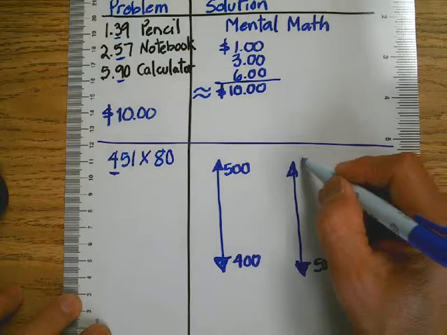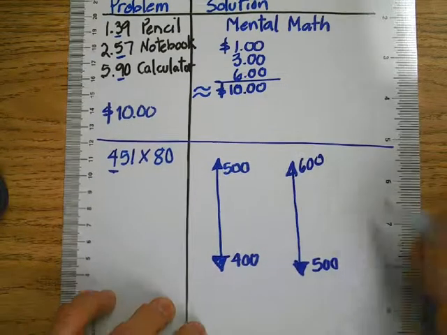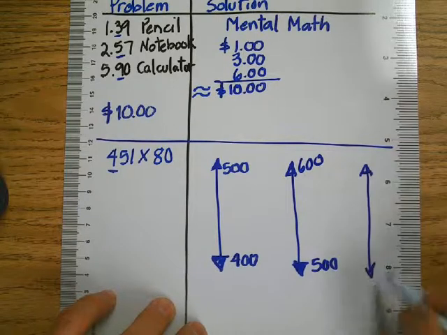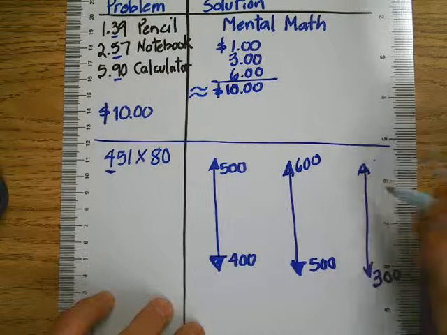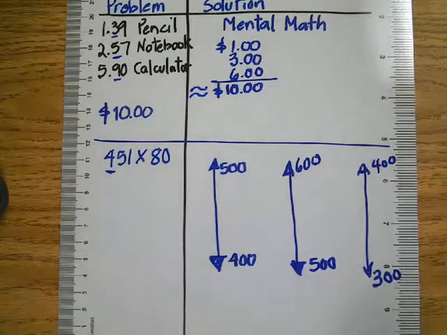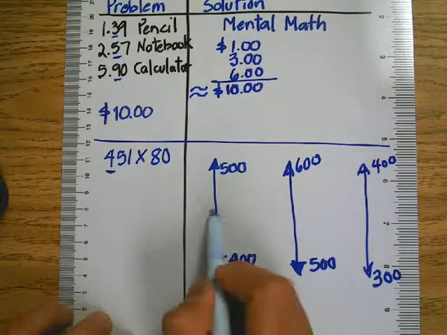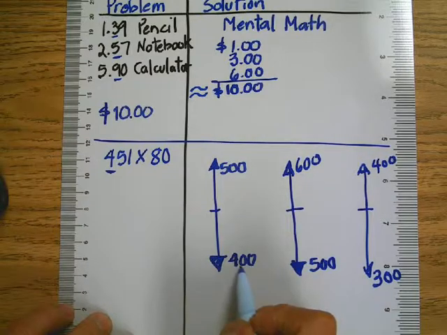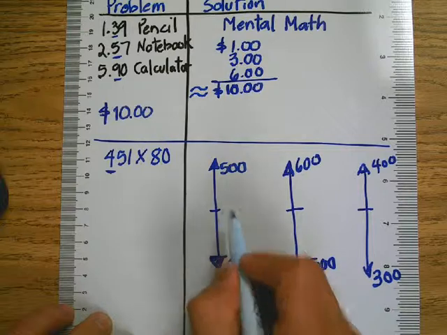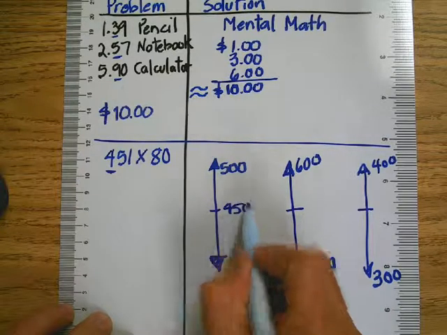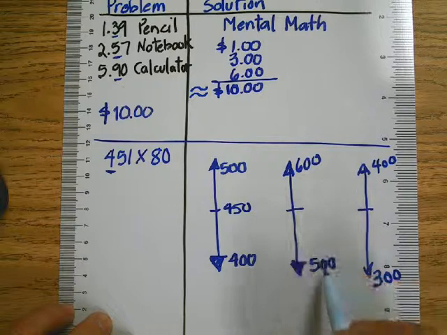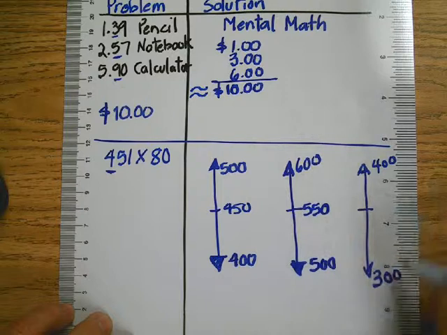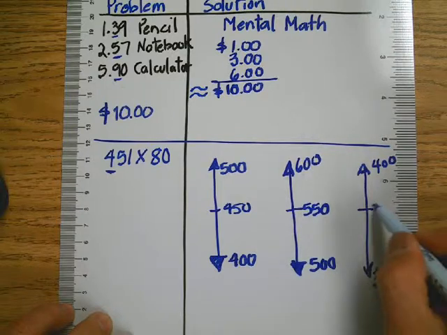Let me prove that to you. The midpoint between 400 and 500 is 450, the midpoint between 500 and 600 is 550, and the midpoint between 300 and 400 is 350.